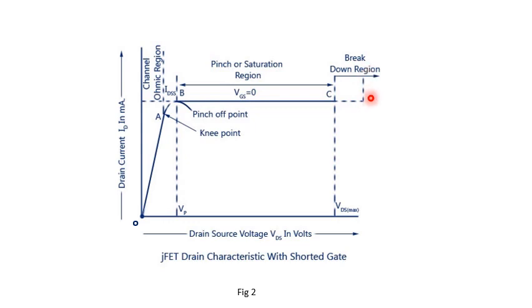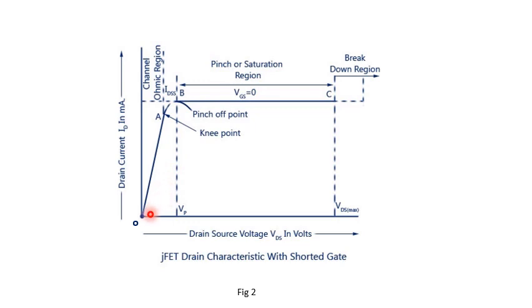In practical cases, we do not increase VDS beyond a certain value, so that we do not encounter the breakdown region, because in the breakdown region the drain current becomes so heavy that it can damage the junction field effect transistor.